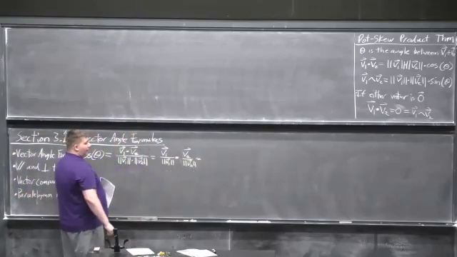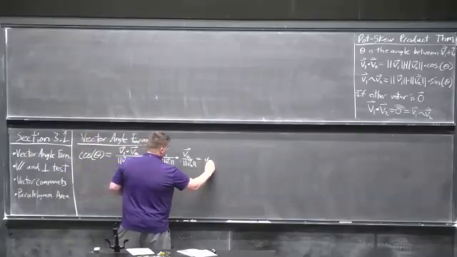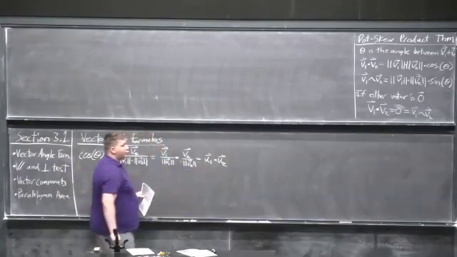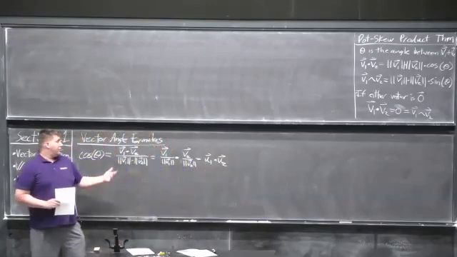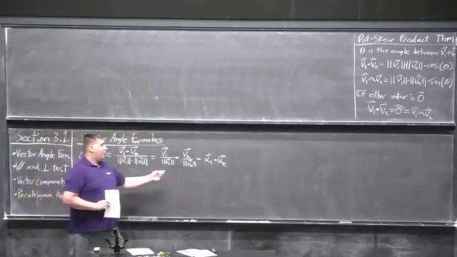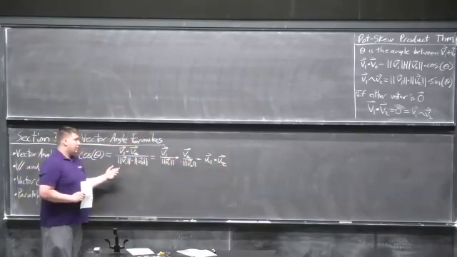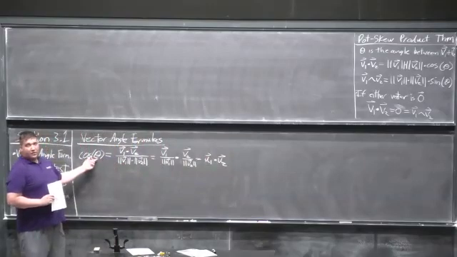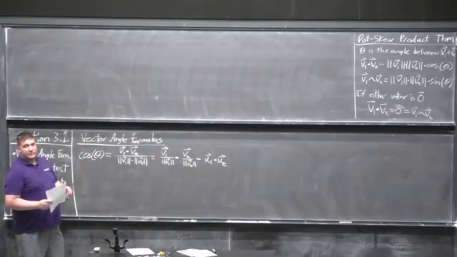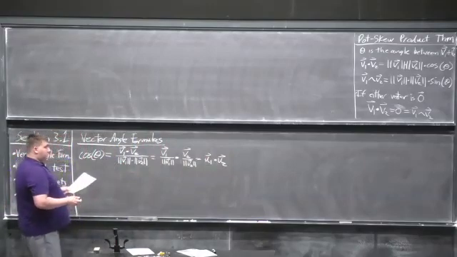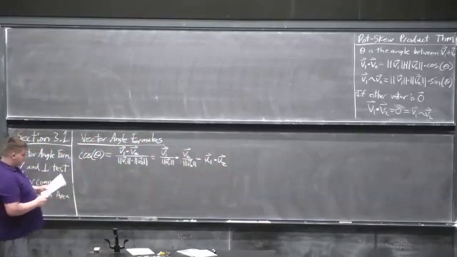Which I can rewrite as U1 dot U2. In other words, the dot product of the unit vectors is the cosine of theta, of whatever angle is between these unit vectors. So just interesting.